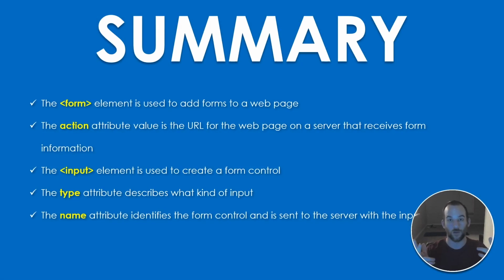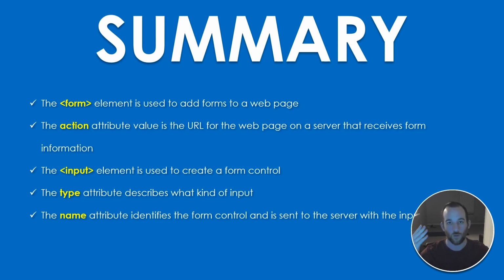Okay, let's do a quick recap. We were introduced to the form element. This is what you need to code to have forms on your web page. The action attribute is what you use to tell the form where you want to be redirected to after the form is submitted. The input element is used to create the form control, which is the same as a field that you'll see on the web page.